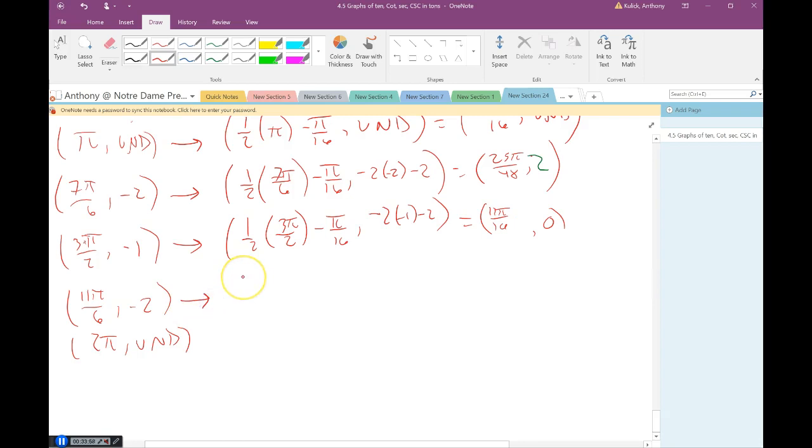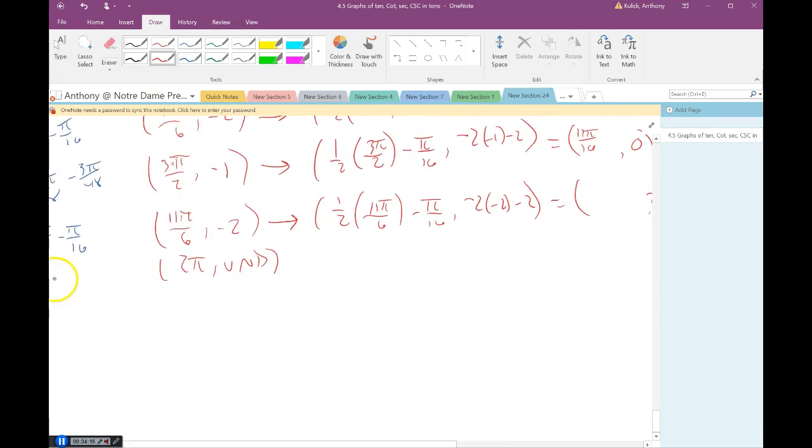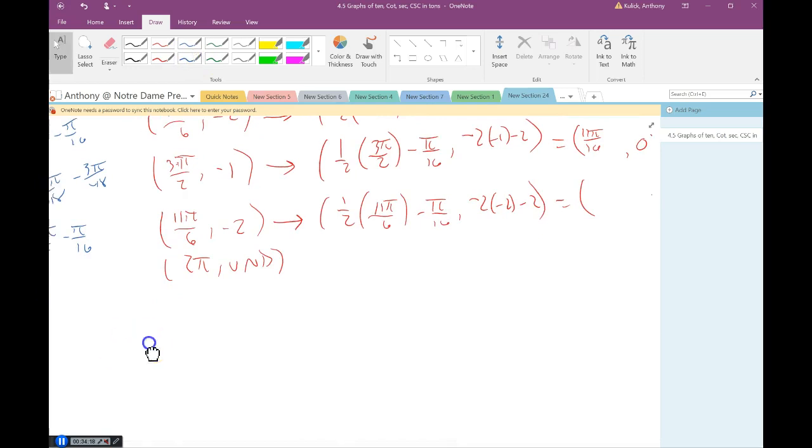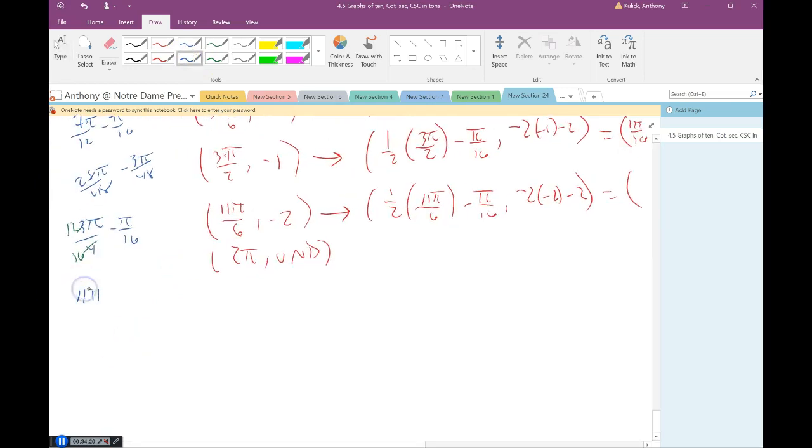And the last tough one here, and then we have just scratch work on the side here. 11 pi over 12 minus pi over 16.